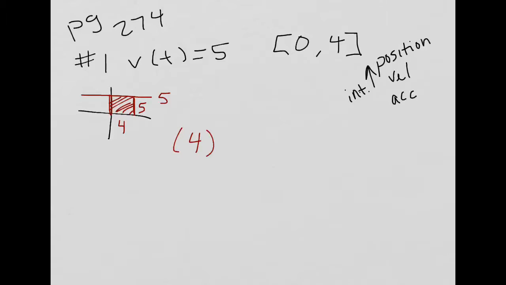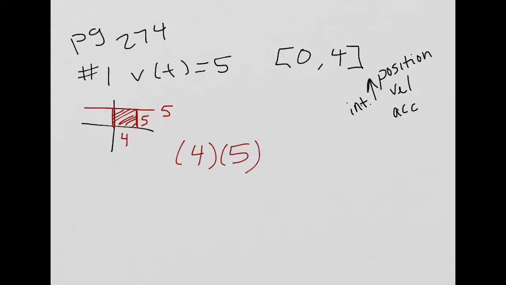So it'd be 4 times 5. This is what we did the very first day. So it would be 20 units. They didn't give you a unit. So that's just kind of a flashback to what we did at the very start.